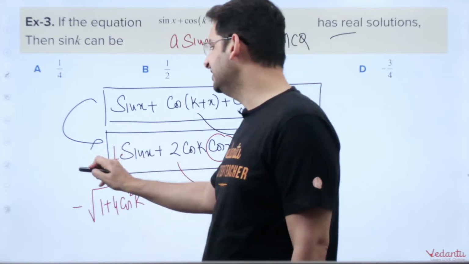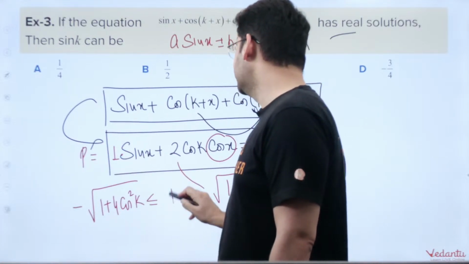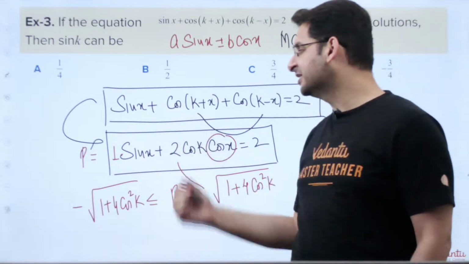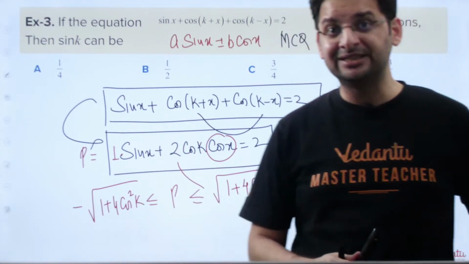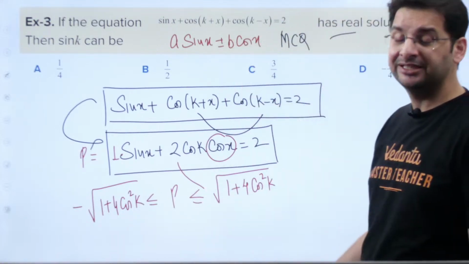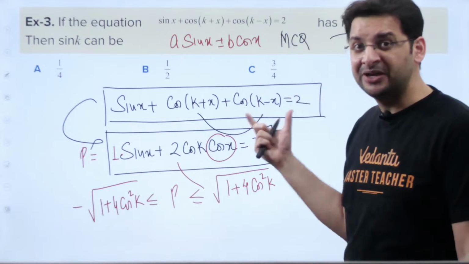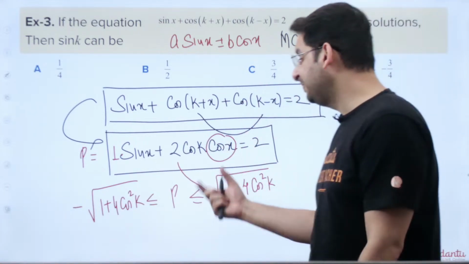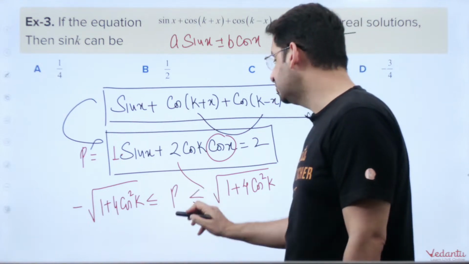Right, so if this expression sin x plus 2 cos k cos x is p, then p is going to lie between these two values. For a sin x plus b cos x, the maximum value is root of a square plus b square, and the minimum value is minus root of a square plus b square. So p is going to lie here, and of course p is 2 in our question.